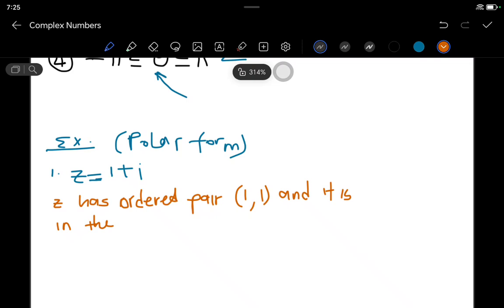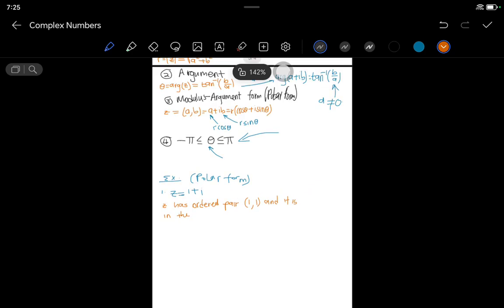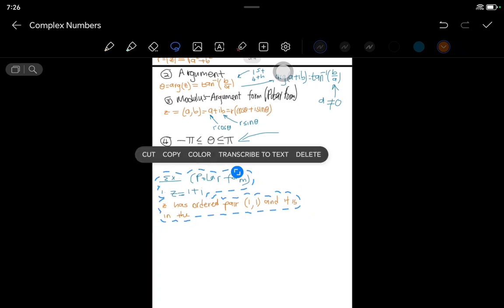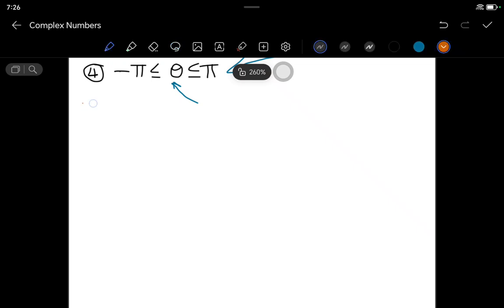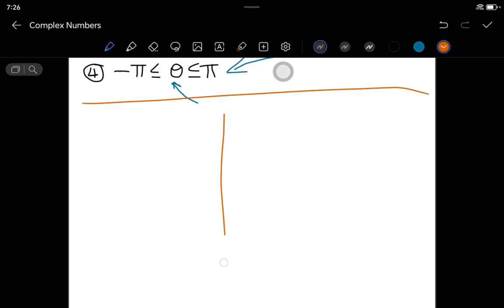Let's check. We want to know what quadrant this is in. Now for us to know what quadrant this is in, we're going to discuss quadrants. So let's cut this off for now. When you come to look at the quadrants, I'm just going to draw the quadrants. It's not that difficult, it's very simple.